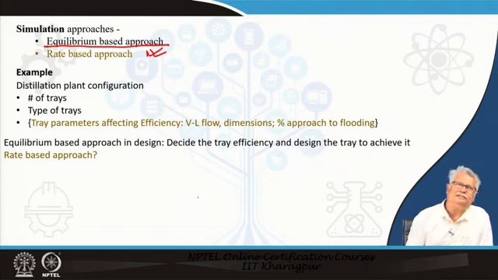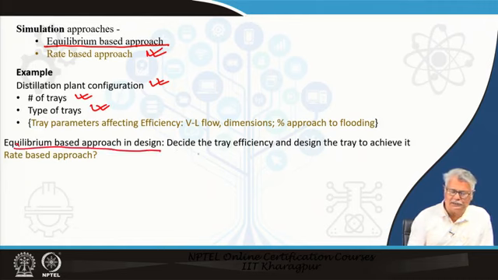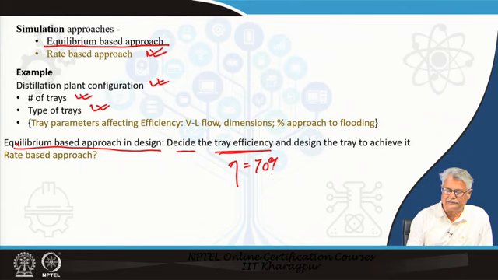An example of this is again the same thing which we have discussed. The distillation plant configuration tells us the number of trays and the type of trays. Now, in the equilibrium based approach in design, we decide a priori a value of tray efficiency. Maybe we will assume eta is equal to 70%.